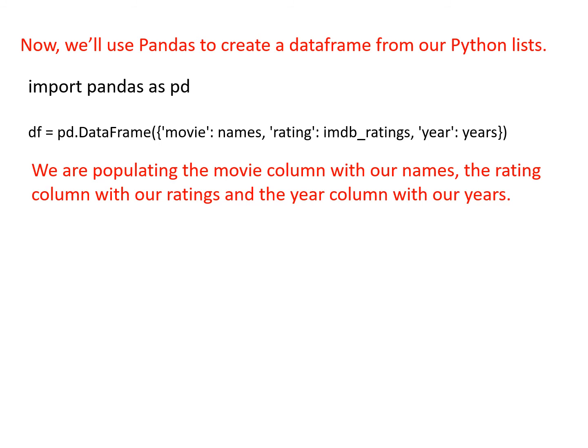And then years, we're going to put that list in our data frame and have that column called year. Okay, so after doing this, we would have a new data frame that has all of our movies, and for all of those movies that we found on that page, it will have a column called movie, one called rating, and one called year.